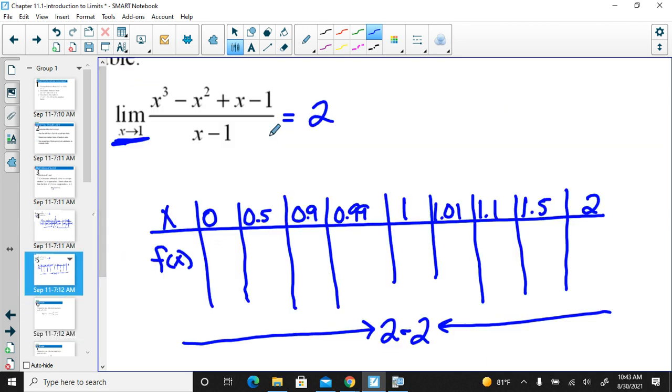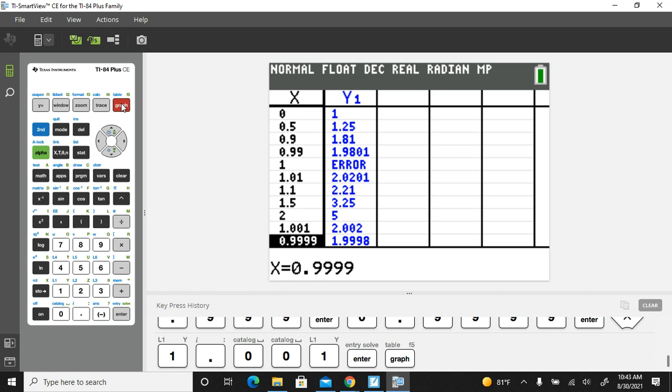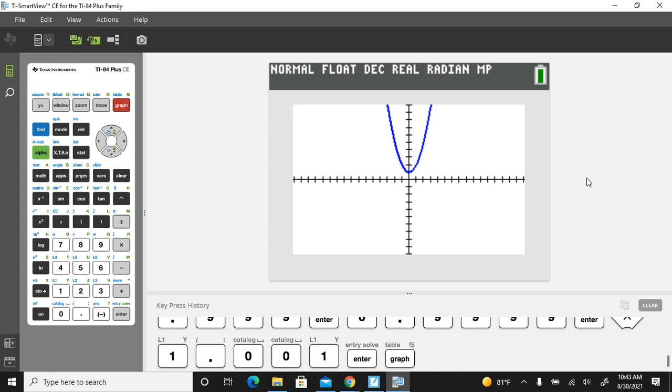Actually, the directions also asked us to look at this graphically. We already have it in our y equals, so let's look at this graph. This is what it looks like. It's a parabola. You'll see later that this would actually be a parabola with a hole in it.